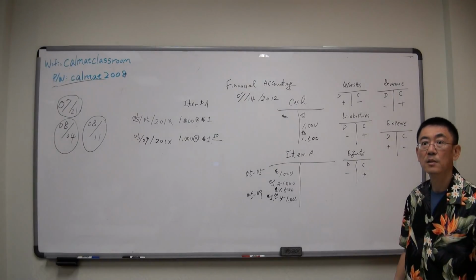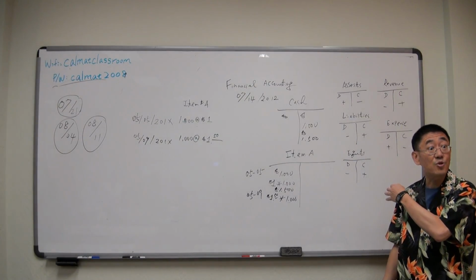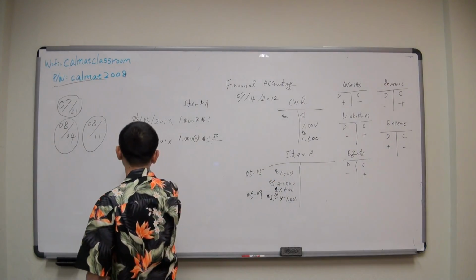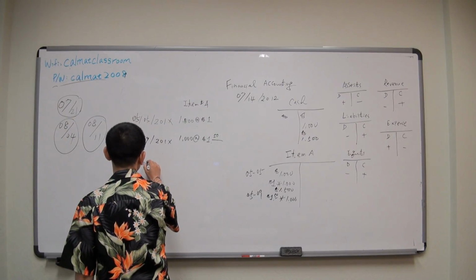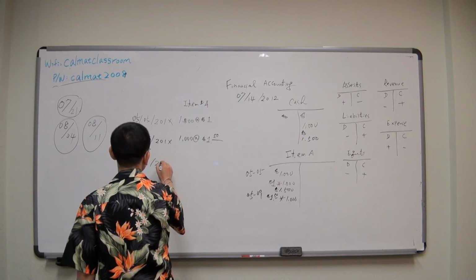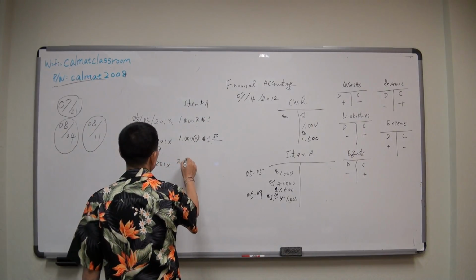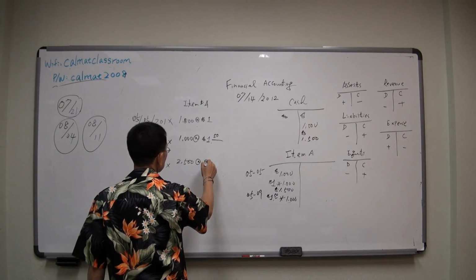So far so good, right? Anyone got lost here so far? Everybody on track, right? Okay, here on this day, you bought 2,500 units at $2.